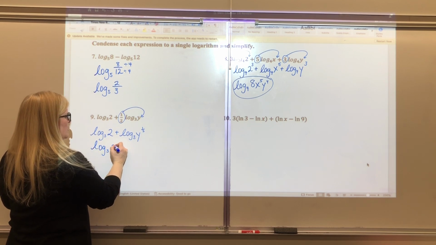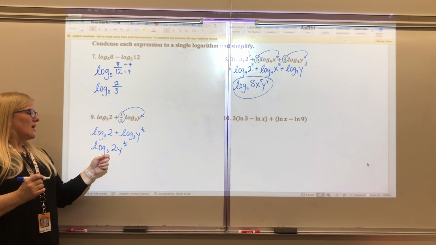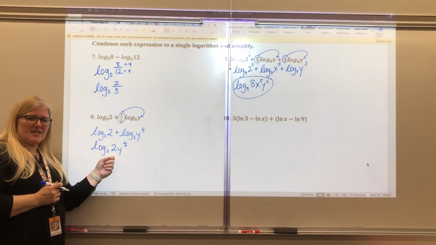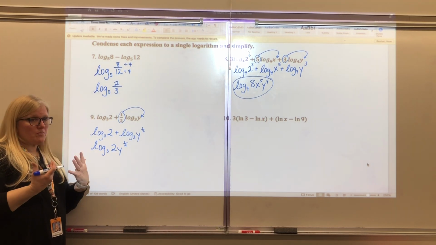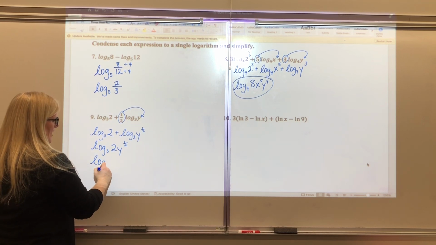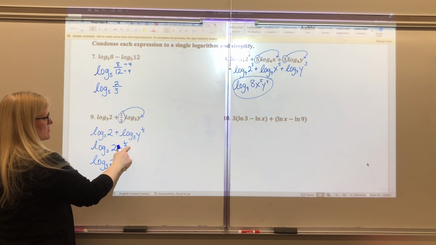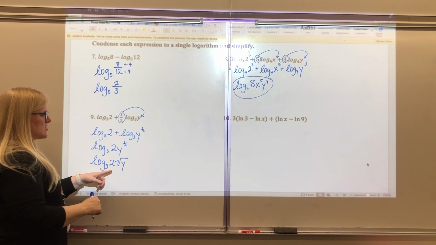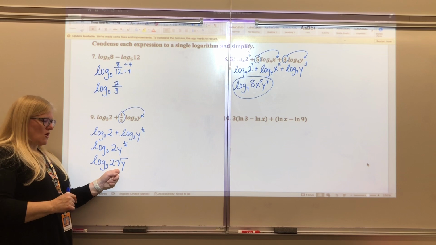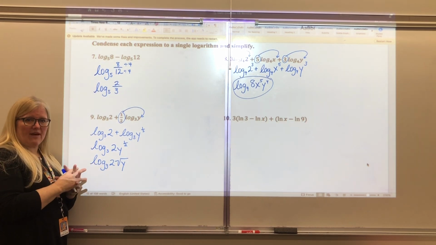Condensing, log 2 to the y times y to the 1/2. You could leave it like that. I wouldn't take points off. I would prefer it if you changed this to a radical. Okay, remember anything to the 1/2 power is the square root. So I would prefer it like this, but you don't have to.